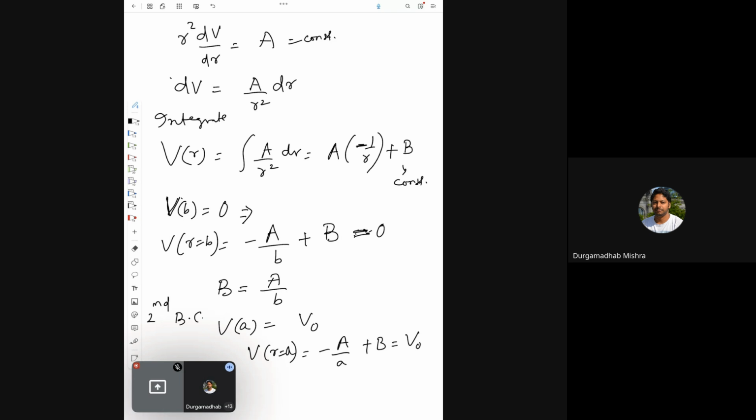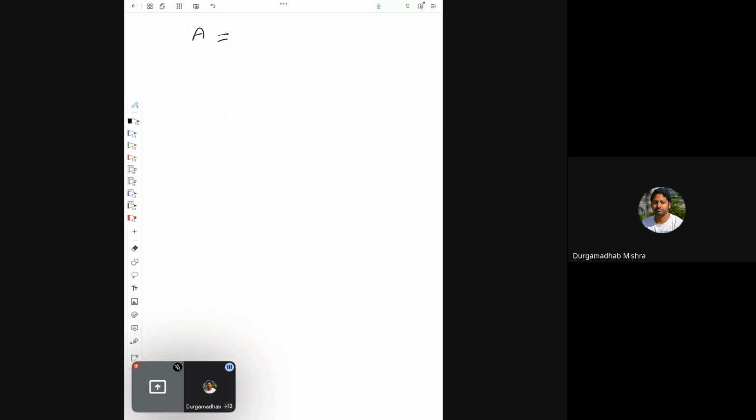And I know B is always equal to A by b. So this is my equation, let's say 1. This is equation 2. So I can write down that minus A by a plus A by b is equal to V naught. Now if I simplify, this is simple algebra, you will get A is equal to V naught a b divided by a minus b.